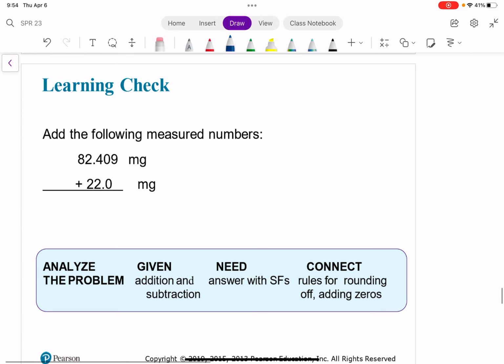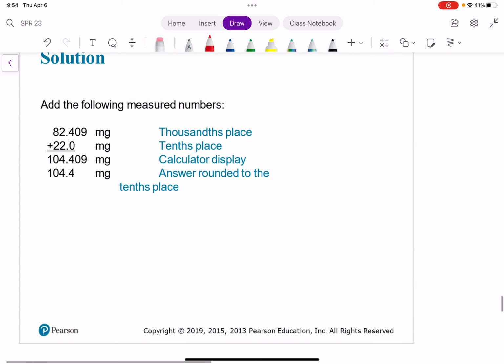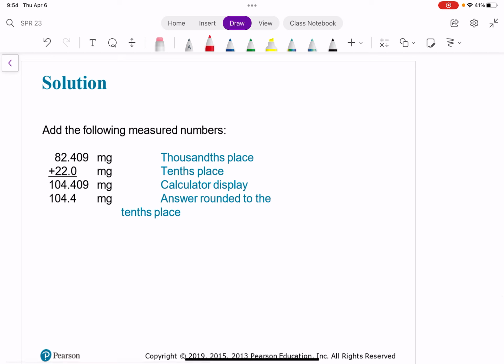Try this learning check out on your own, and then we will check back in. What they did was line up their decimal points. Then let's draw which one has the lowest decimal place.